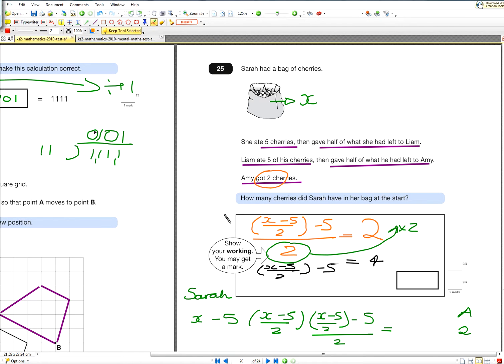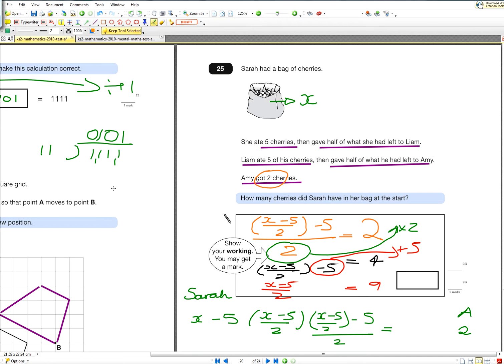Opposite of minus 5 is? Add 5. So 4 and 5 is? 9. Okay, lovely. And then what do we have next? The opposite of divide by 2 is? Times by 2. Lovely. You see, you get the idea there.